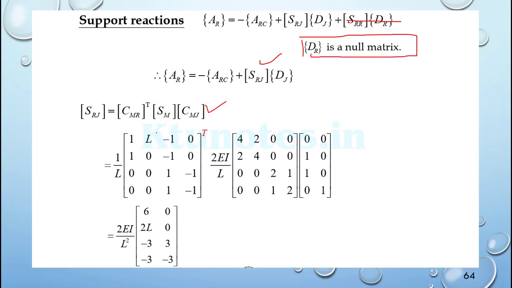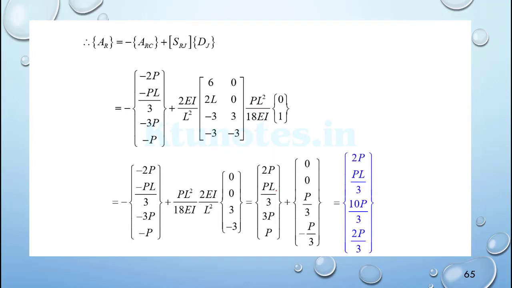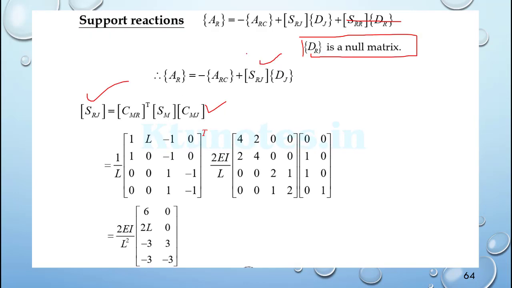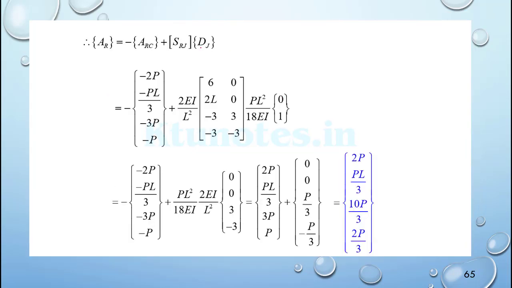You know the values of CMR and CMJ. So applying it in the equation, we get the SRJ. Then AR is equal to minus ARC plus SRJ into DJ. Applying in the equation, we'll get the value of AR.